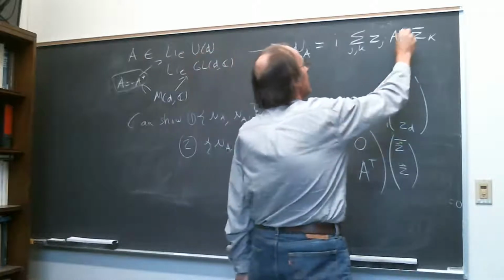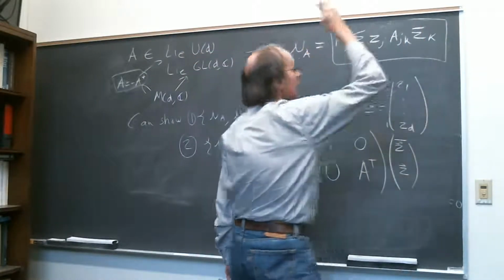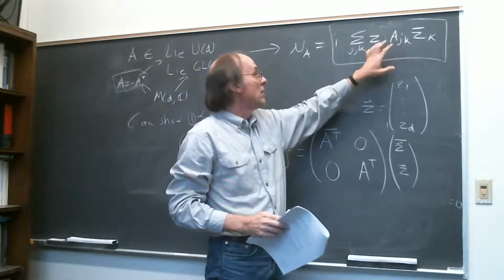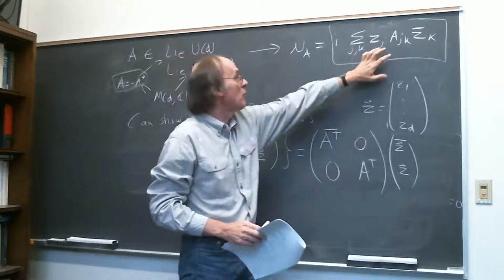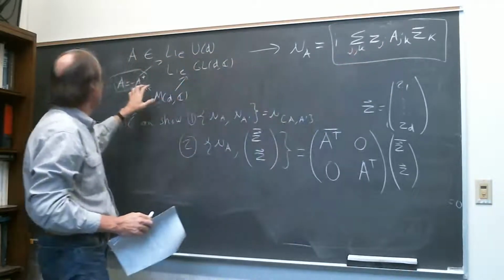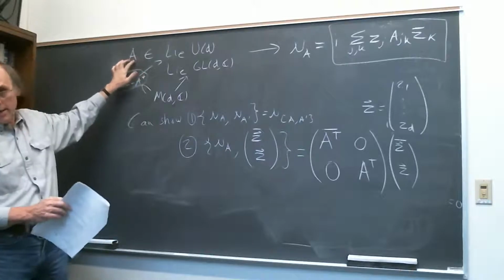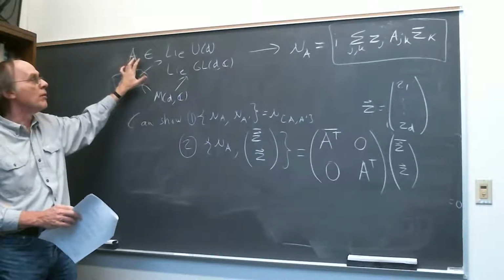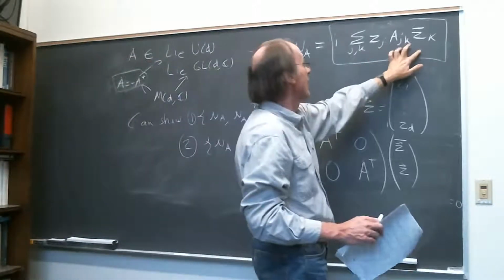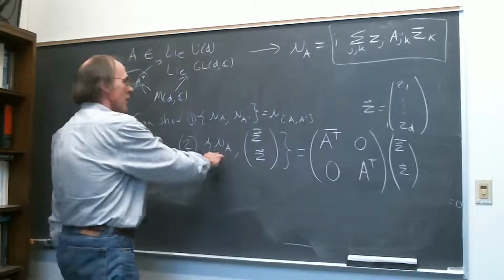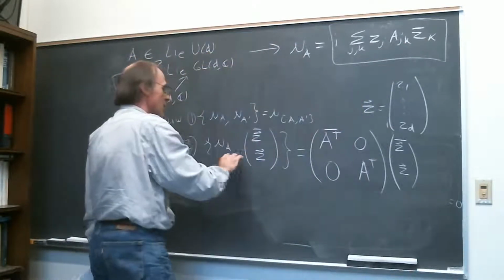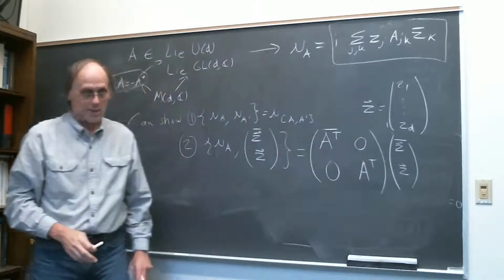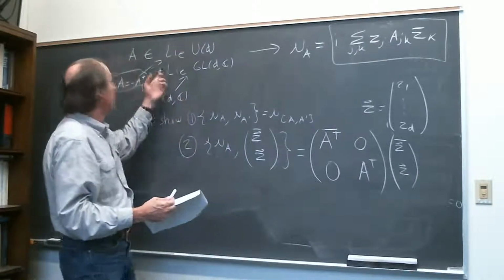The idea is that, at least at this classical level, for any element of the Lie algebra of the group acting on our system, we're going to associate this quadratic thing in the z and z bars, and what it does on the coordinates is this.